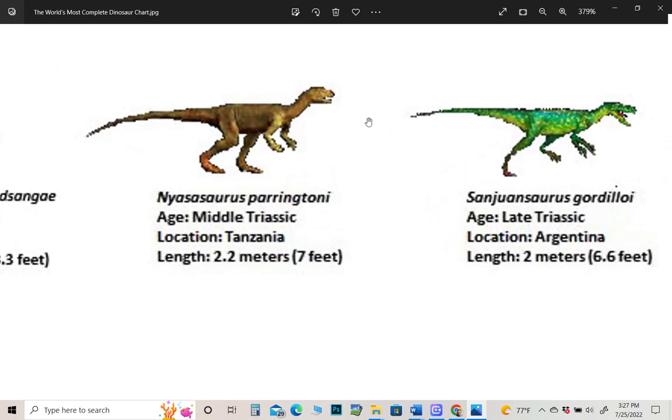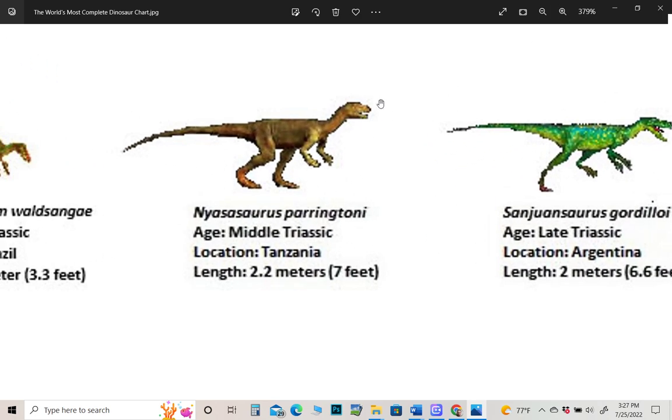Now, Niasasaurus is very unique. This comes from the only dinosaur from the Middle Triassic on this chart, and it is 243 million years ago. Now, the neat thing about this is that the dinosaur-silosaur split that led to the dinosaurs was 247 million years ago.